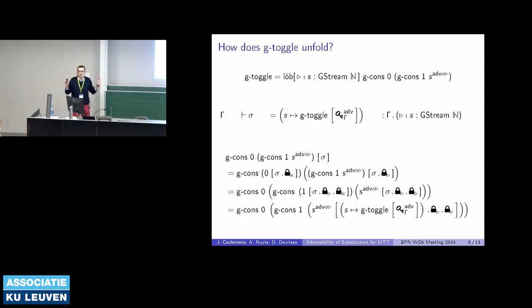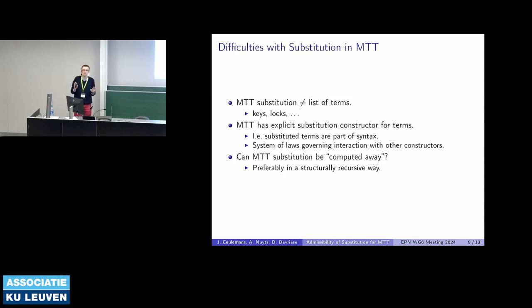So I hope at this point that I've convinced you that substitution in multimode type theory is a very difficult thing. The substitution calculus of MTT is very complex, and a substitution in MTT is not at all a mapping from variables to terms or a list of terms in the case of De Bruijn indices.